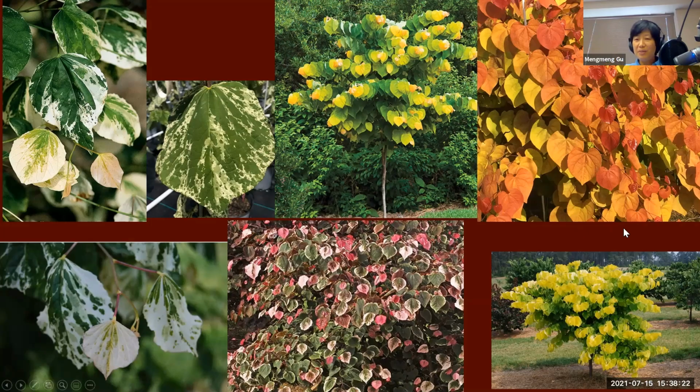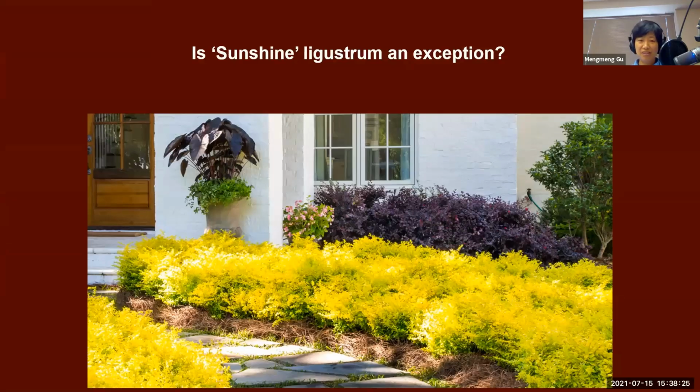But there may be an exception, and this is Sunshine ligustrum. I don't know whether you have seen how it's doing in your full sun conditions. And I think the reason for this exception is probably because it's a ligustrum. It's basically a weed.